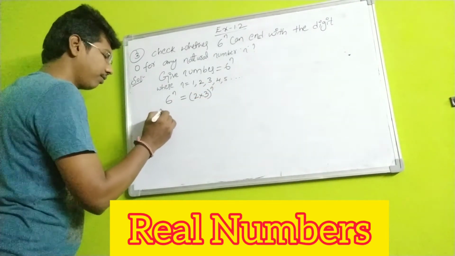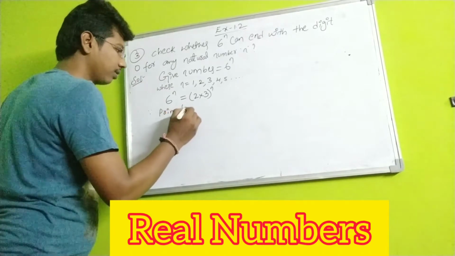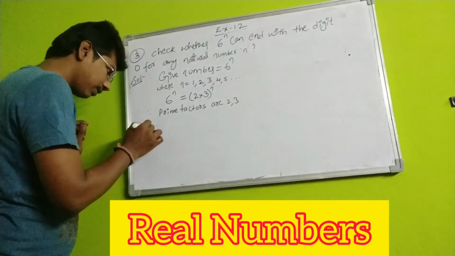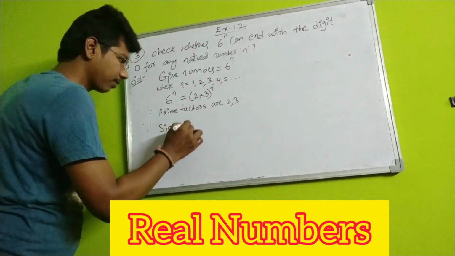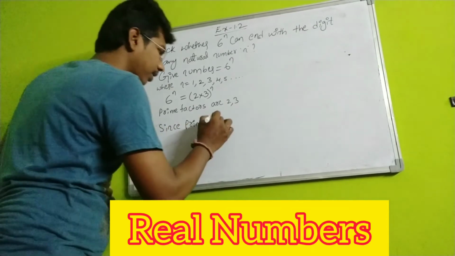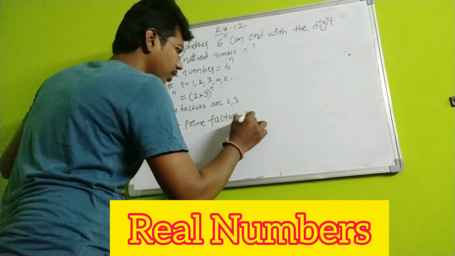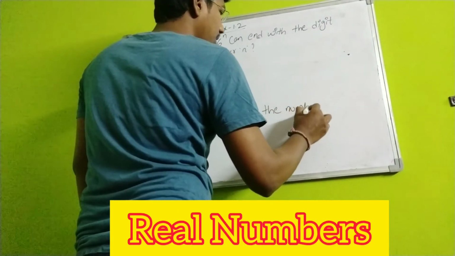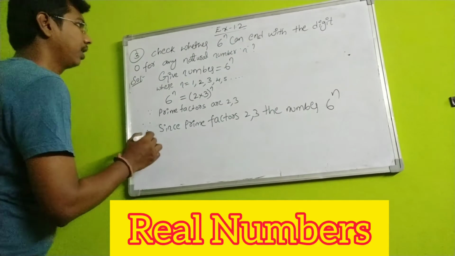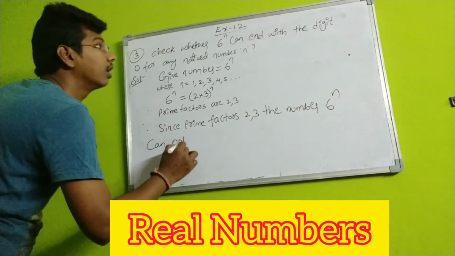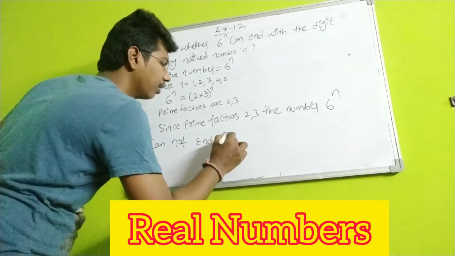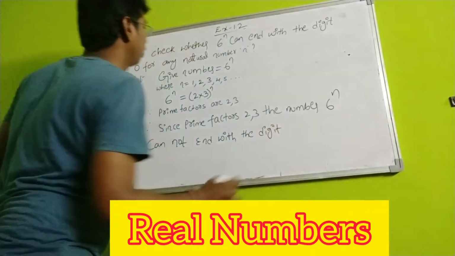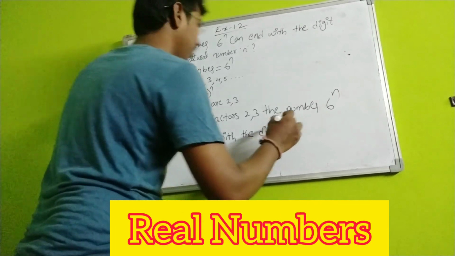Therefore the prime factors are 2, 3. Since the prime factors are 2, 3, the number 6 power n cannot end with the digit 0 for any natural number.